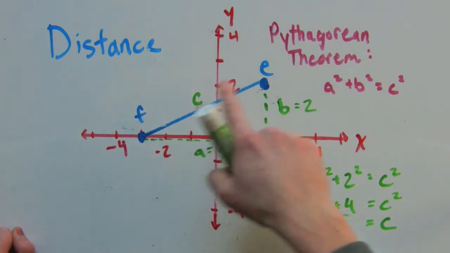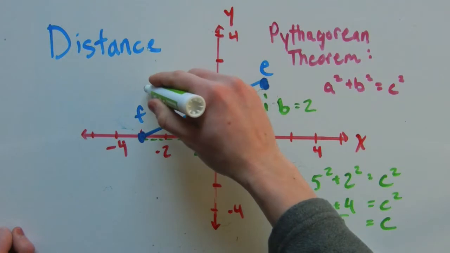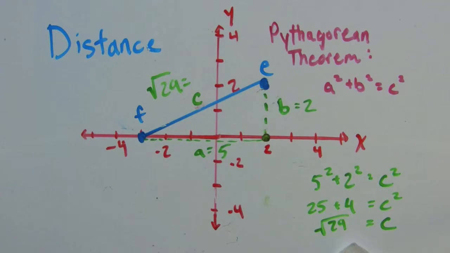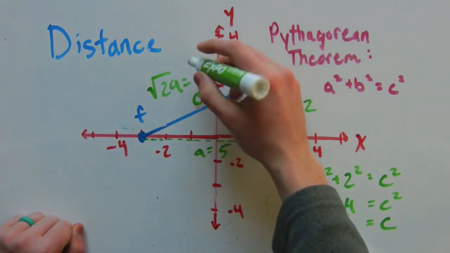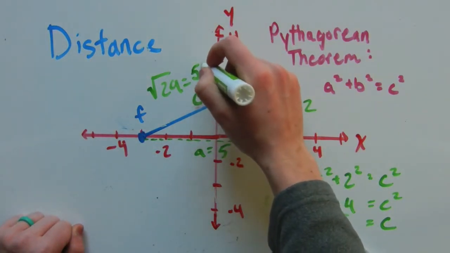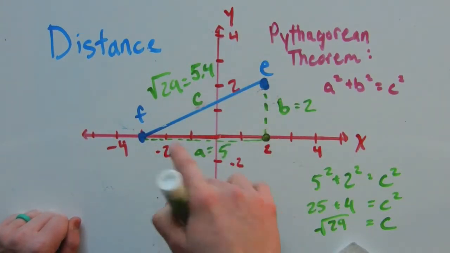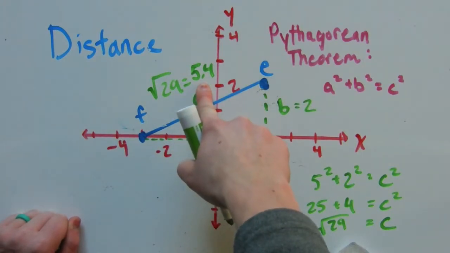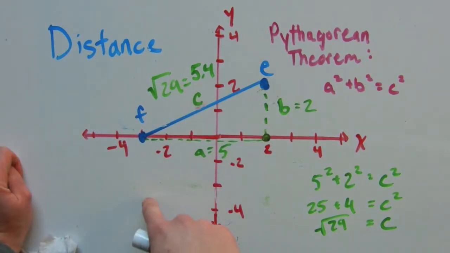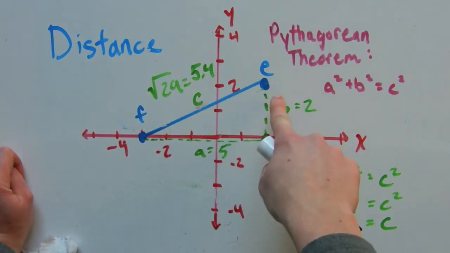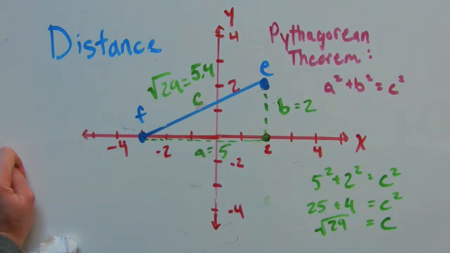So the distance F to E is the square root of 29, which on a calculator would give us about 5.39 units. So let's go ahead and round that to 5.4. So the distance from F to E is approximately 5.4 units. So the distance D of our line C, which goes from points F to point E, is 5.4 units.